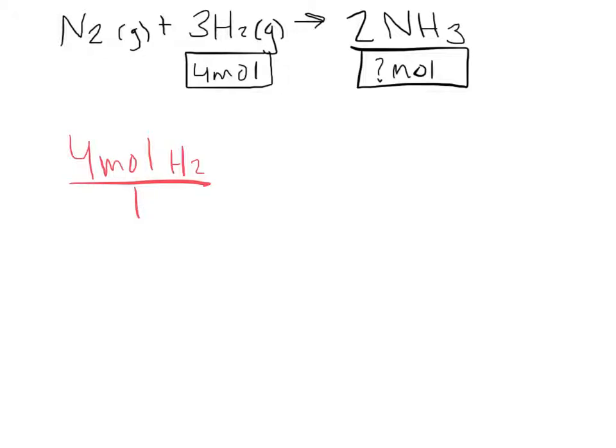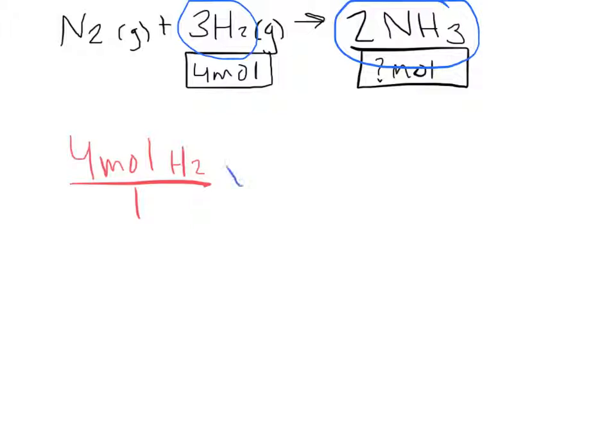Now what we're going to do is start with the given and use the mole ratio in order to go from hydrogen gas to ammonia. So you'll notice we'll have 3 moles of H2 and 2 moles of NH3.